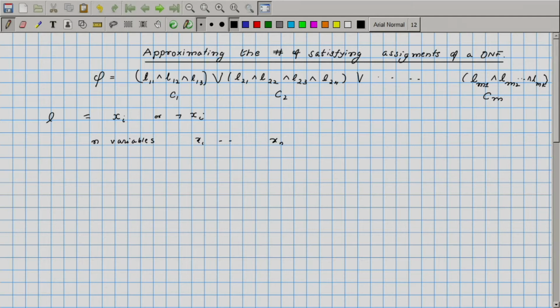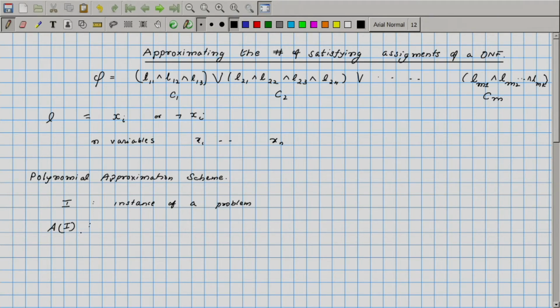First of all, we need to understand what is the meaning of approximating in this context. The first notion that we will look at is polynomial approximation scheme. Suppose I is an instance of a problem, that means one particular formula, and we are interested in A(I).